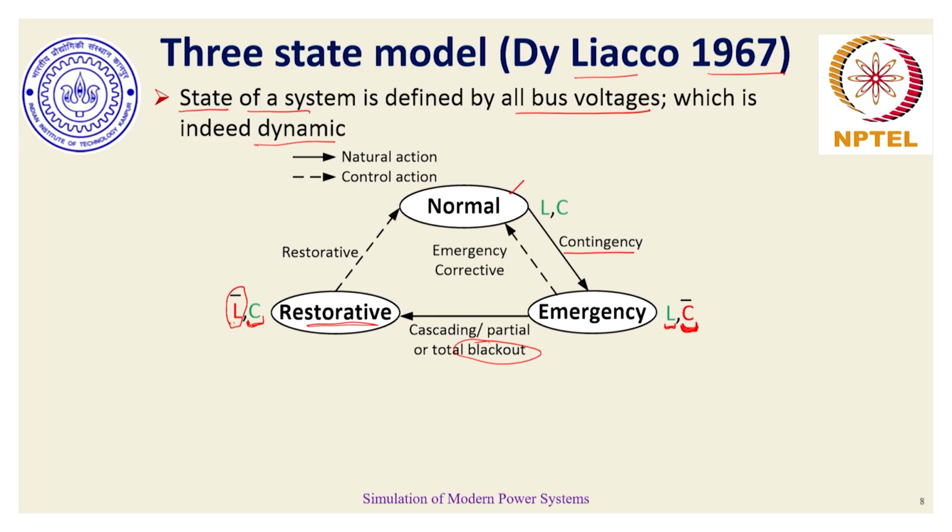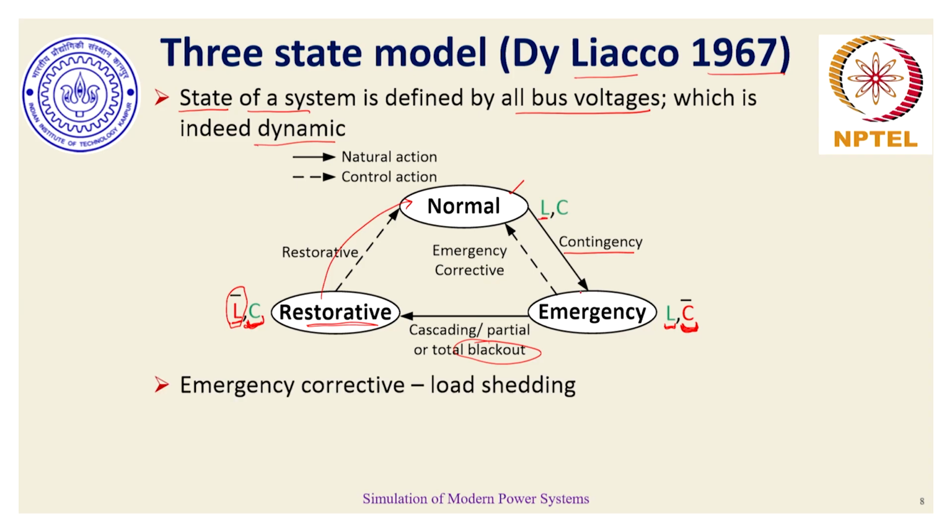After the bad weather event has gone by, the utility or DISCOM starts energizing the network and gradually it is done. It's not that the entire city of Kanpur would get electrified in a single switch. The restoration happens in phases, which is where constraints are important, that they should be satisfied. Load is not so important. And after all the restorative actions are done, the system would move from restorative mode to normal mode, where the red L becomes green L.